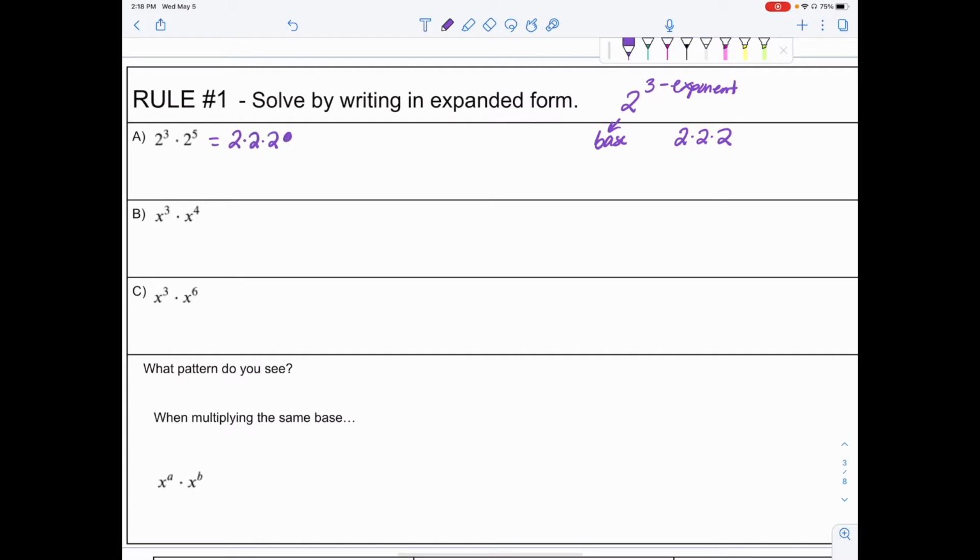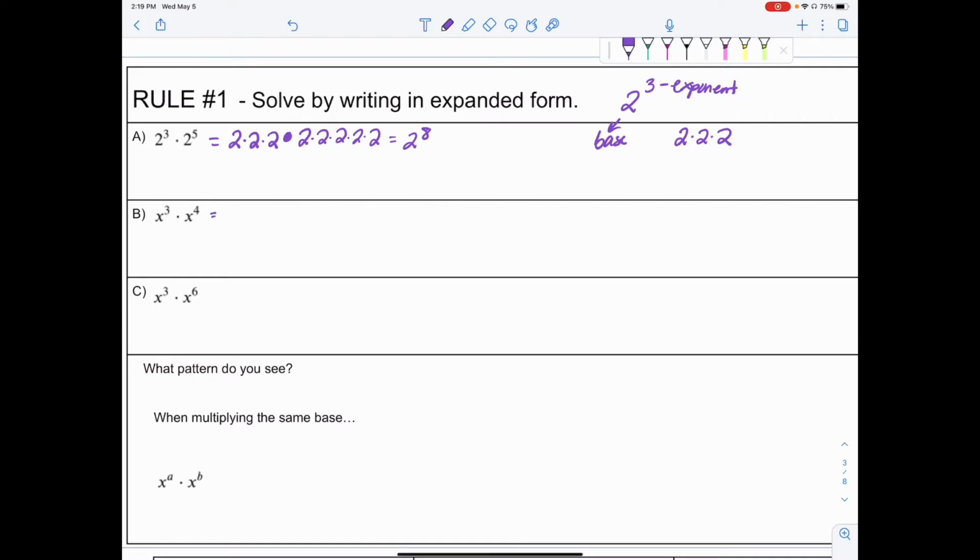We're going to multiply that by 2 to the fifth. I just use a bigger dot to separate those two terms. And then if we look at this, I've just multiplied 2 by itself several times. And if we look at how many times, I've multiplied 2 by itself 8 times. So we could rewrite that as 2 to the 8th.